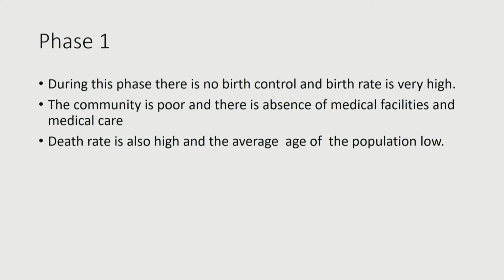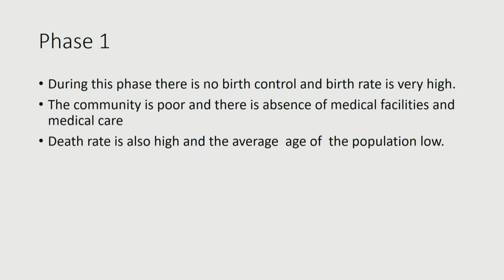The community is poor, and there is an absence of medical facilities and even medical care. So in the first phase, people are not using any birth control, and they do not have medical facilities where they could subscribe to family planning programs.